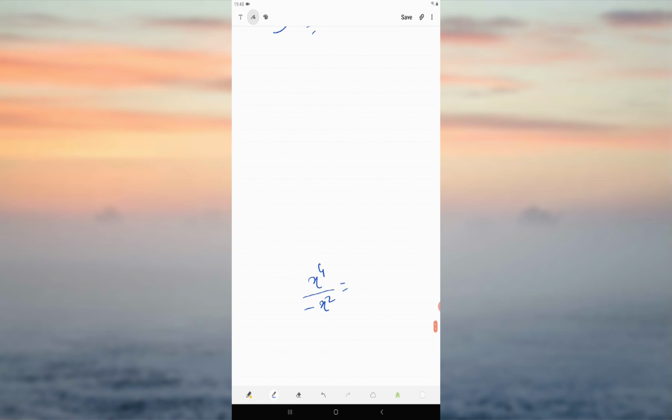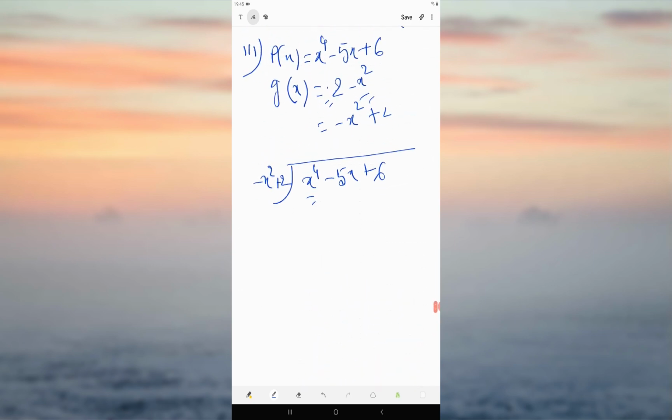What do we get? x to the power 4 is x multiplied 4 times, divided by minus of x square, which is x multiplied 2 times. So x cancel, x cancel. So what we are getting is something divided by minus 1. So that is minus of x square. Correct? So we will take first as minus of x square.